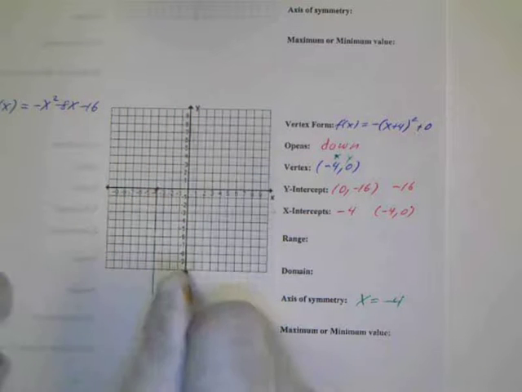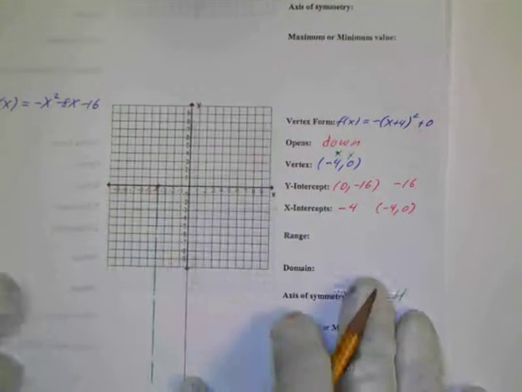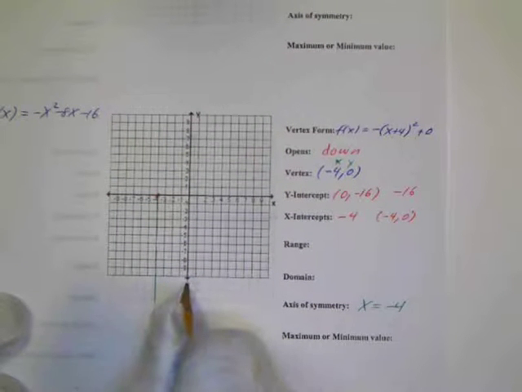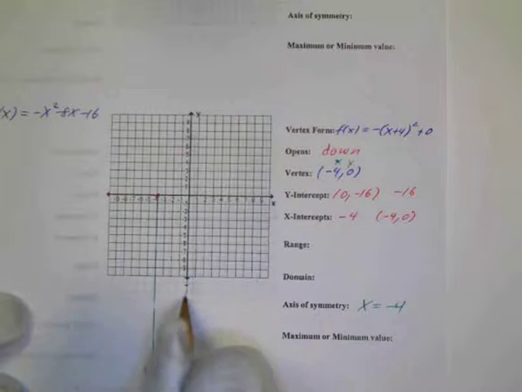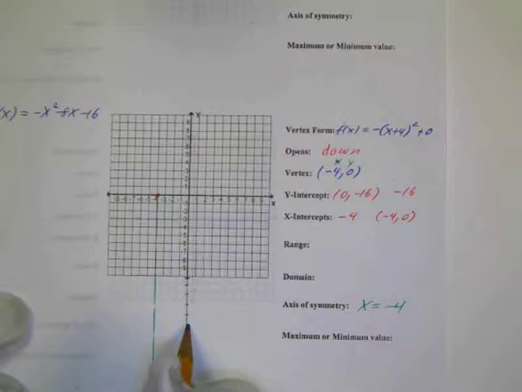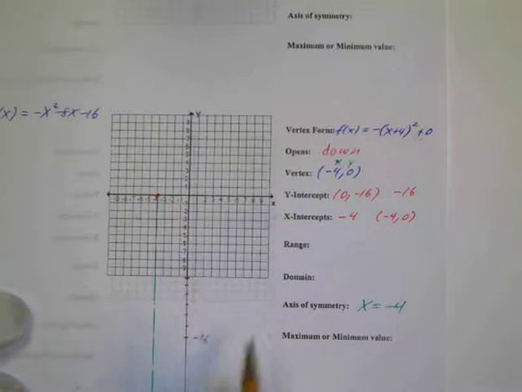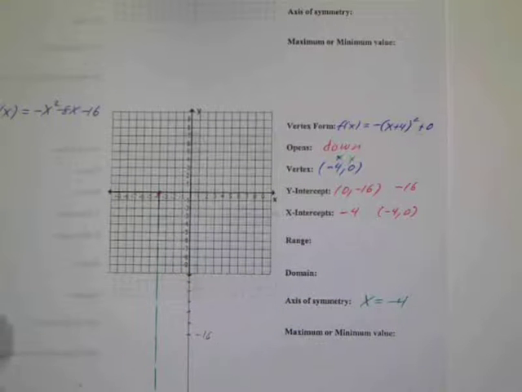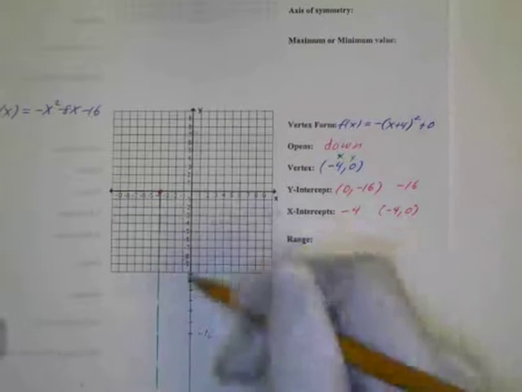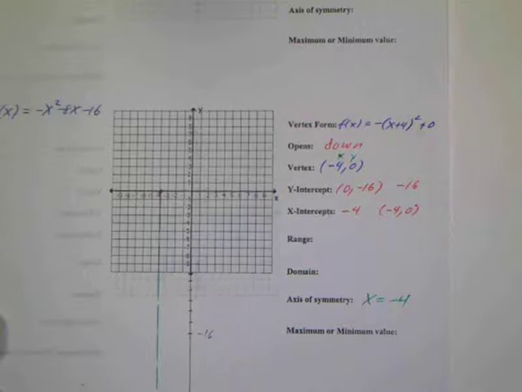And I'll try to gauge it's the same as this is -10. So 11, 12, 13, 14, 15, 16. So that's -16. So I try to keep these about the same, the same length of these little squares.